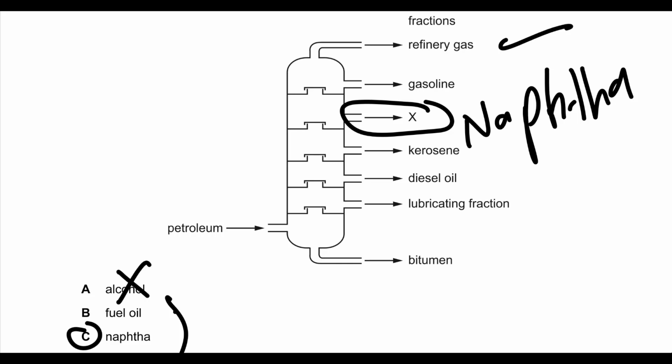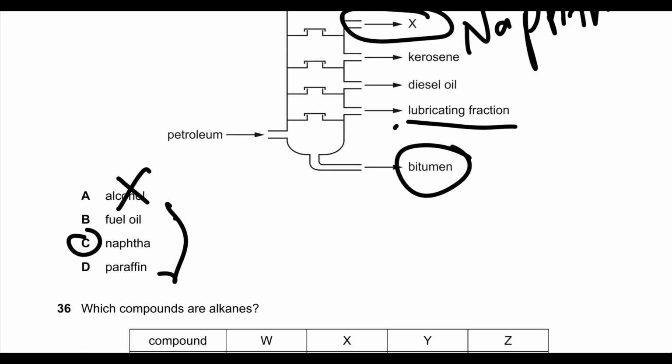This one, refinery gas, which is used for cooking, gasoline for fuel for cars, and naphtha for making chemicals, kerosene which is used for airplane fuel, diesel oil for trucks, and lubricating fraction which is used as lubricating oil, and this bitumen which is used for the foundation of the road, asphalt.